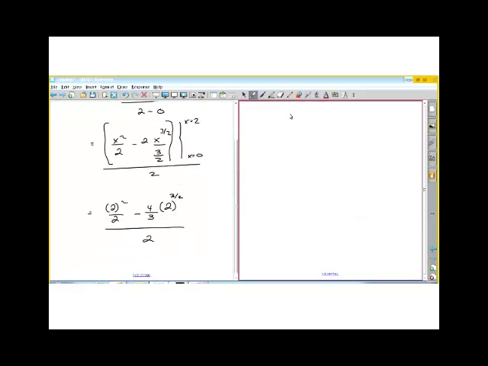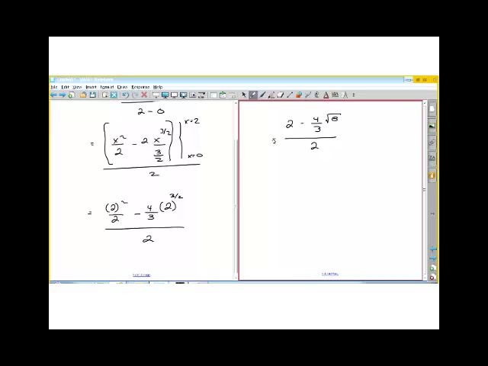Okay, so what do we do next? Well, what is 2 to the 3/2 power? Let's do the first part first. You get 4. 4 divided by 2 is 2. Minus 4/3 times the square root of 8, because if you cube 2, you get 8: 2 times 2 times 2 is 8, and then you take the square root of 8.